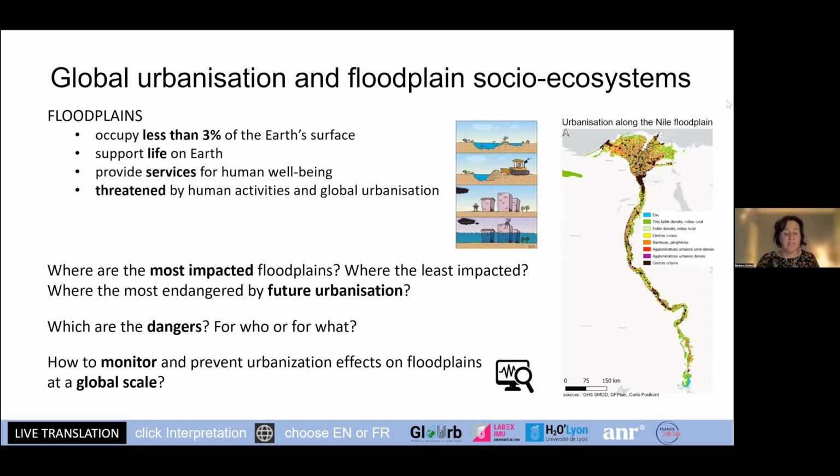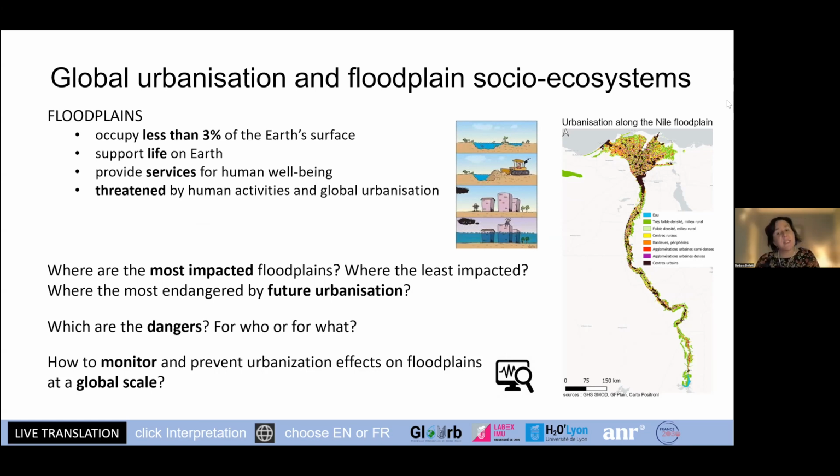But the observation we've made is that we are a bit blind. We don't know exactly where the most impacted floodplains are today, and what the share of urban planning or urban growth is in this, and which locations are less impacted.